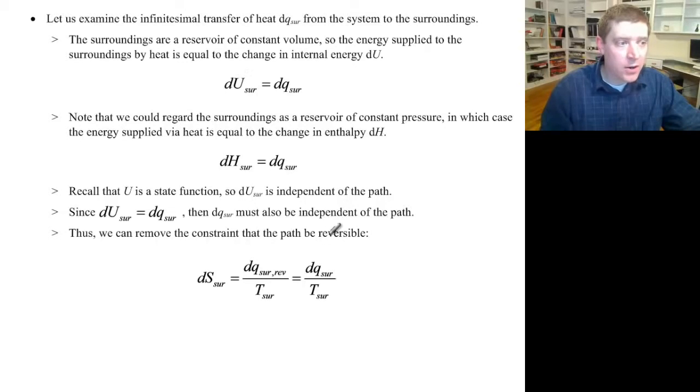And therefore, in our equation here, where we have dS is equal to dq over T, we can remove this reversible constraint. We no longer have to require that the path taken between the two states, the initial state and the final state, is reversible. It doesn't have to be reversible anymore.